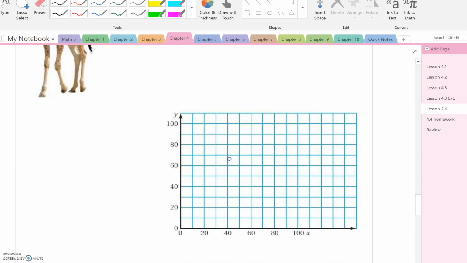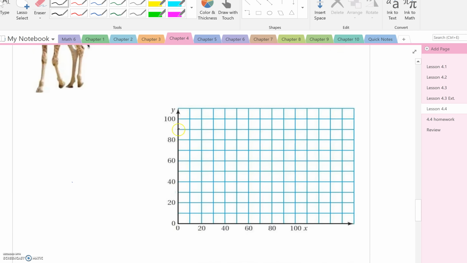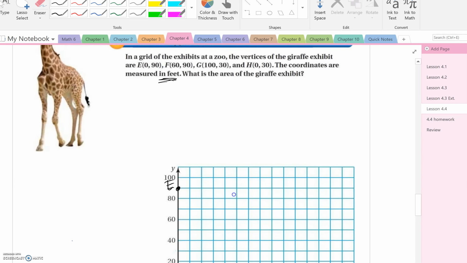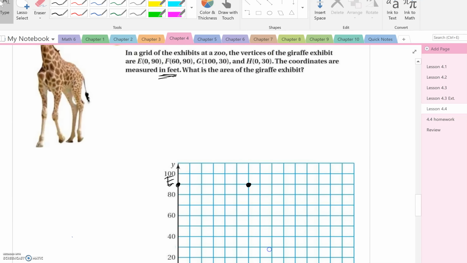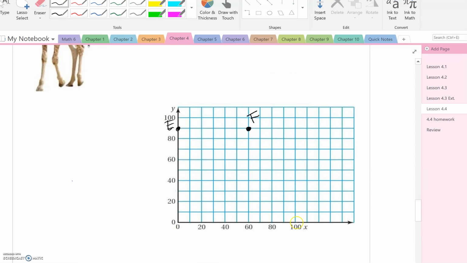So first we have E is at 0 and then 90. Our next point is at 60, 90. That's F. 130.